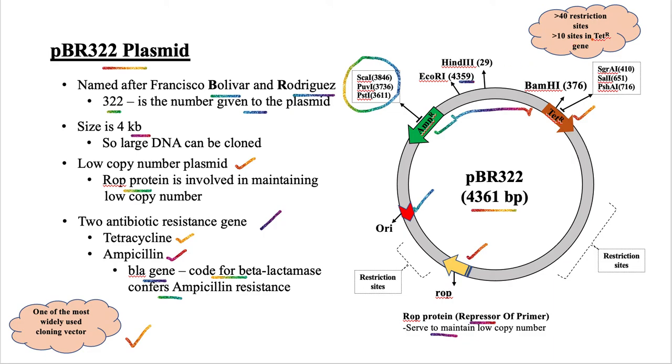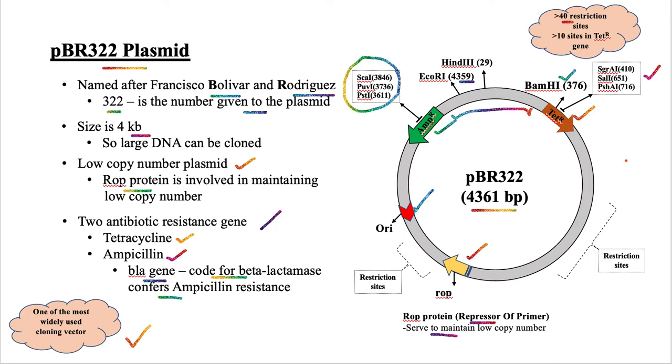And then we have the tetracycline resistance gene, which has a restriction enzyme site for BamHI and other restriction sites as well. It has been shown that there are more than 40 restriction sites in pBR322, and 10 or more of them are present in the tetracycline resistance gene. So it is very important.